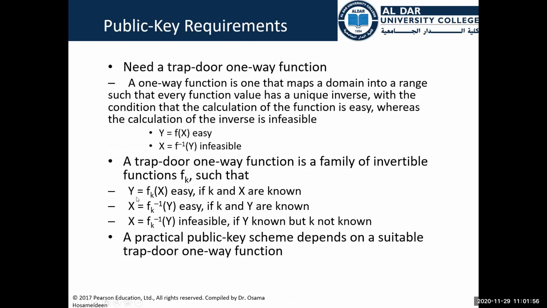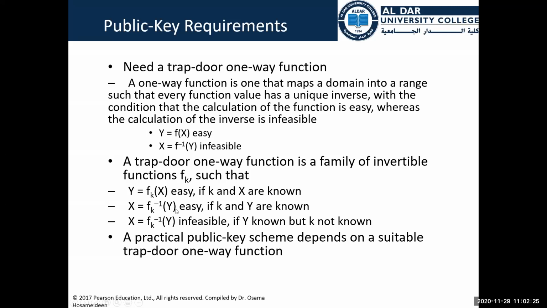So the first condition is what? y equal f k of x, and k is a key here. This should be easy if k and x are known. So if k is a key and x is the secure message, if I know the key and x, it should be easy to calculate y.